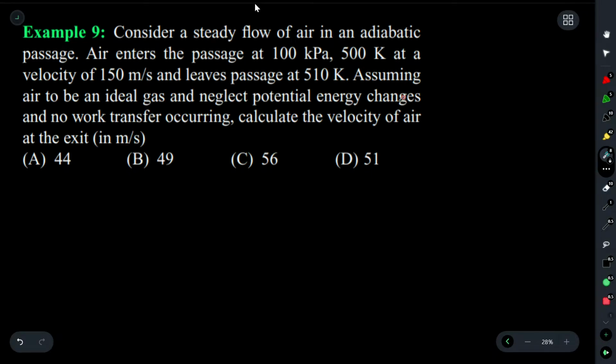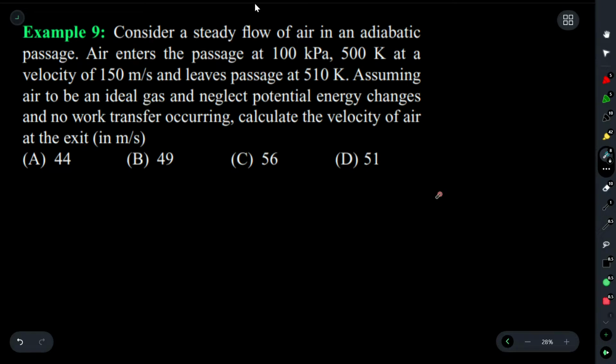Assuming air to be an ideal gas, and neglecting potential energy changes, with no work transfer occurring, calculate the velocity of air at the exit. So these are the given data, and we have to find out the velocity of air at the exit of this passage.